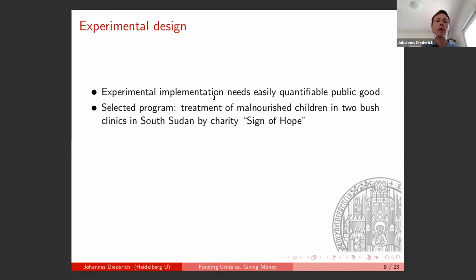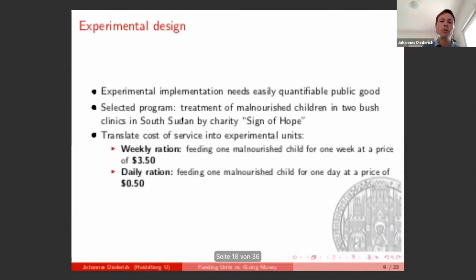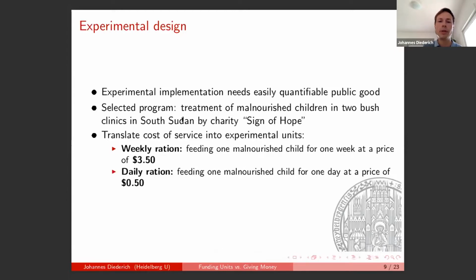There are many out there, and the one that we selected is the treatment of malnourished children in clinics that were run by a German charity at the time of the experiment. Why did we choose exactly this? Because it gave us a very neat cost of service that was easily parcelable, if there is a term like that. You can parcel it into the units that we need.